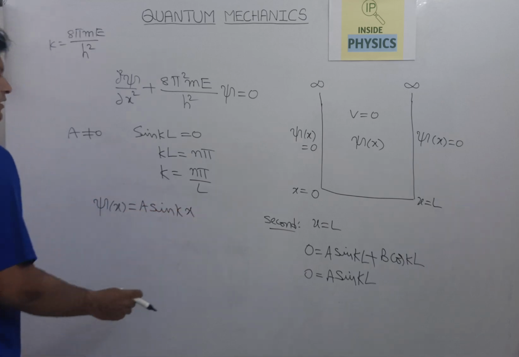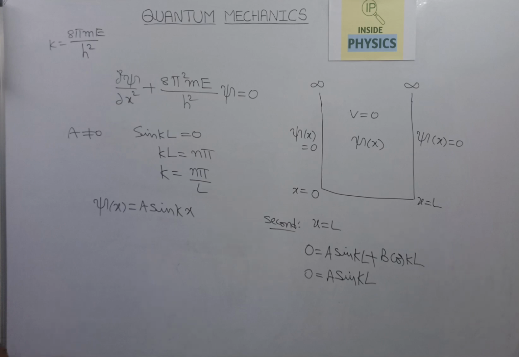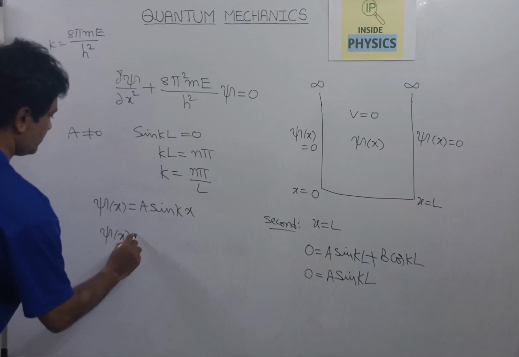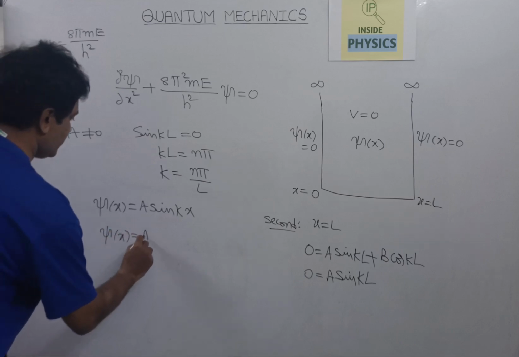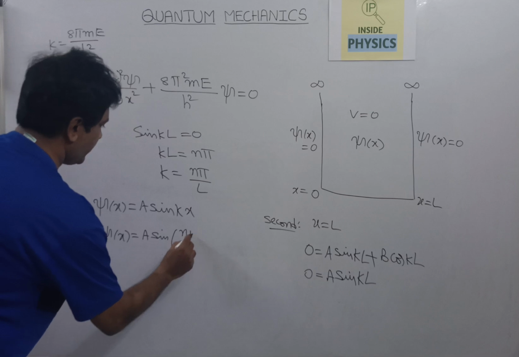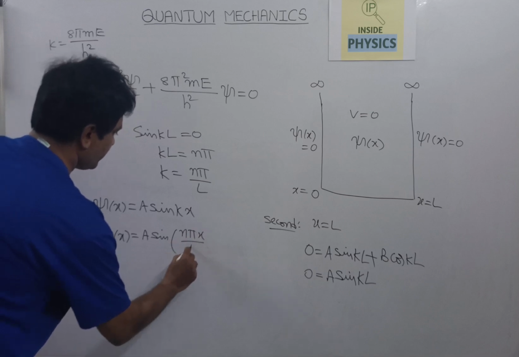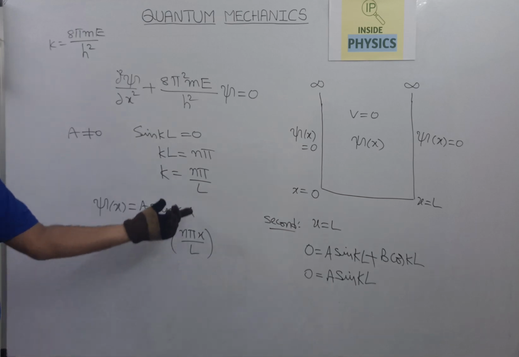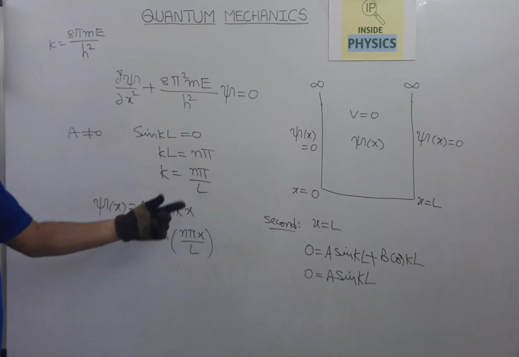This is the solution where we took b is equal to 0. So this will become psi of x is equal to a sine of k, means n pi x by L. Okay, this is the wave equation where k has become n pi by L.